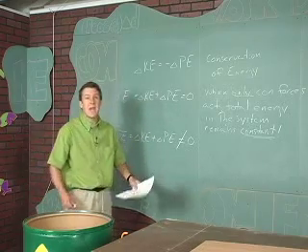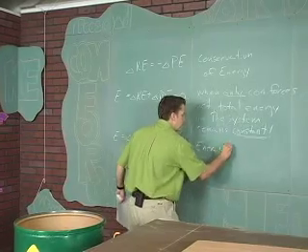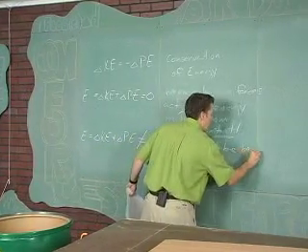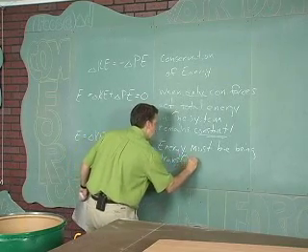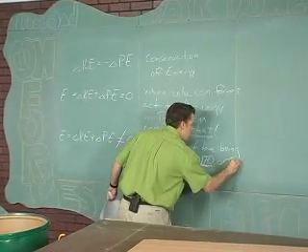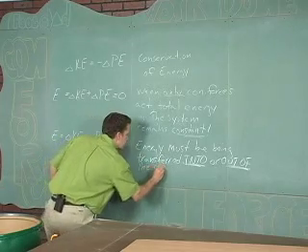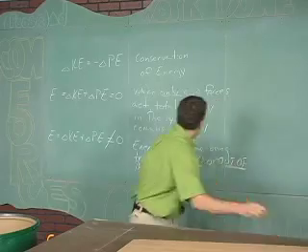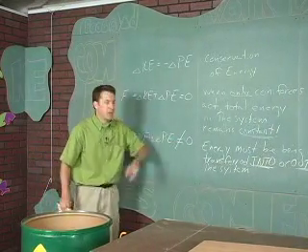Well, what we're saying then is that energy must be being transferred either into or out of the system. That's what we're saying if we make the statement that the sum of all the energies does not remain constant.